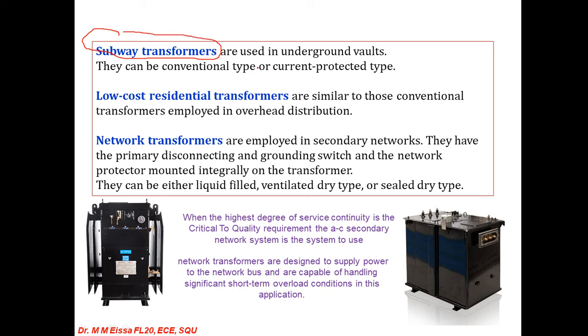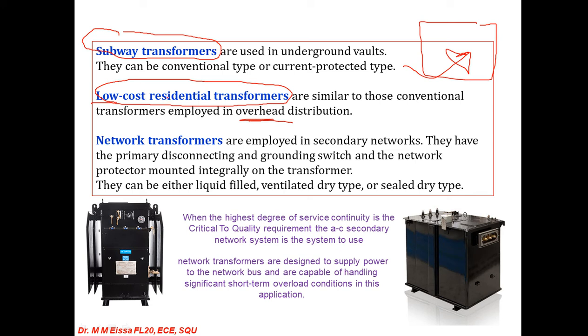Subway transformers are used in underground vaults. They can be conventional type or current protected type. Low-cost residential transformers are similar to the conventional transformer employed in overhead distribution. It is the same, but a low-cost residential transformer.